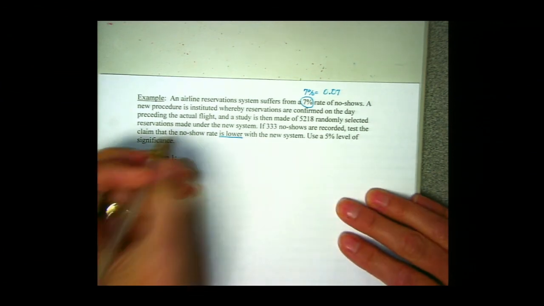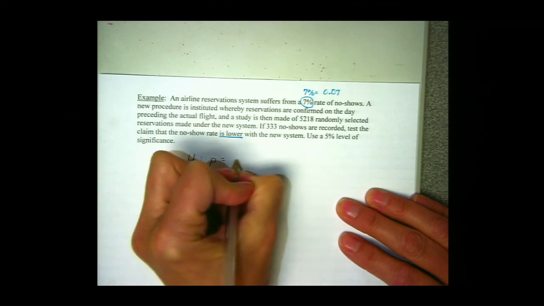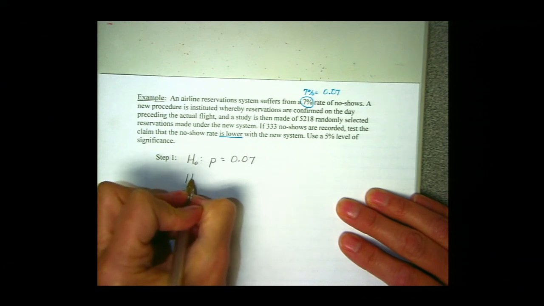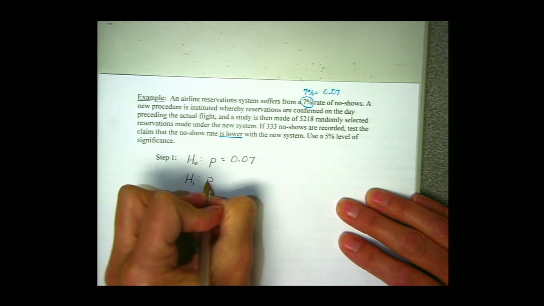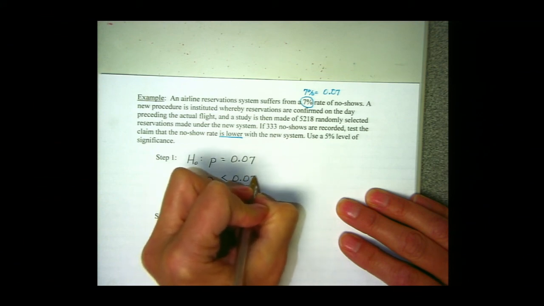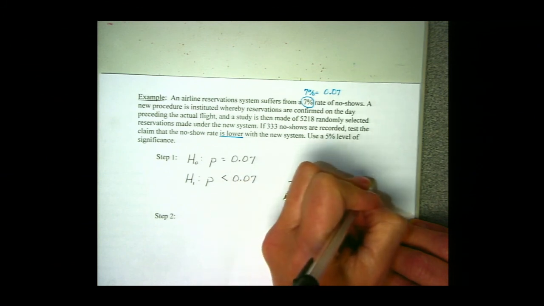Okay, so the null is that the proportion is equal to 7% or 0.07. The alternate, they're testing the claim that with the new system it would be lower or less than 0.07. So once again in this one, we have a less than.